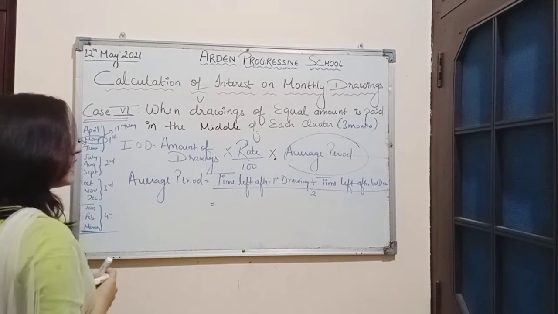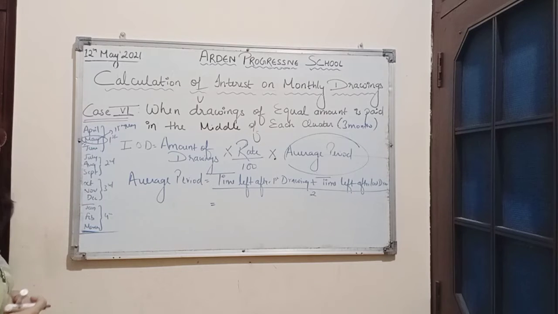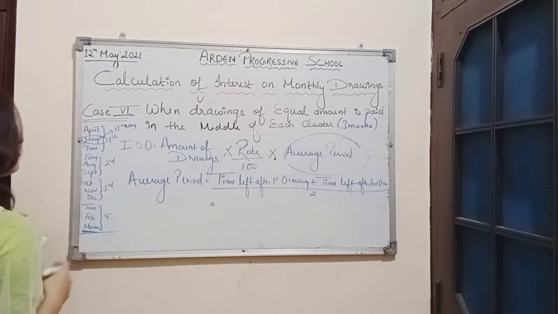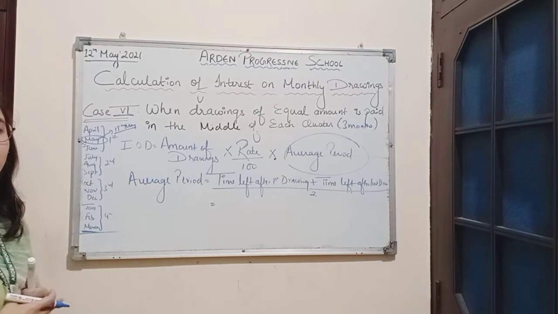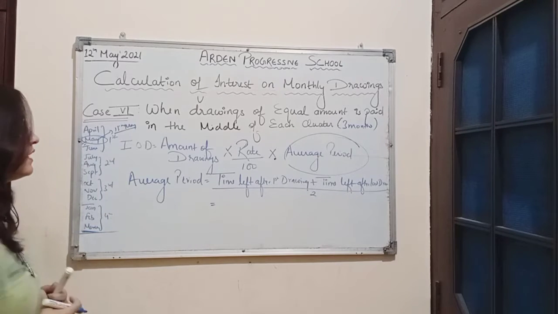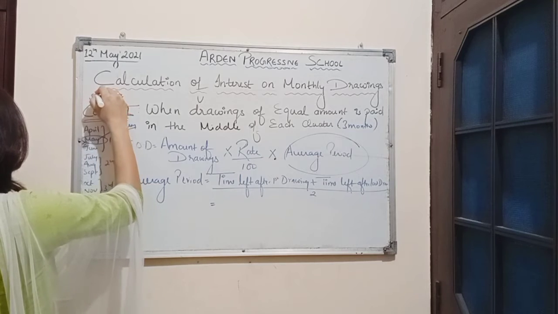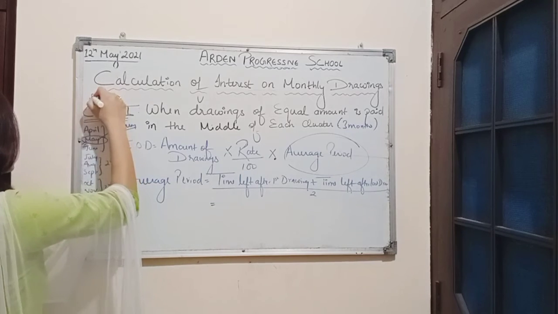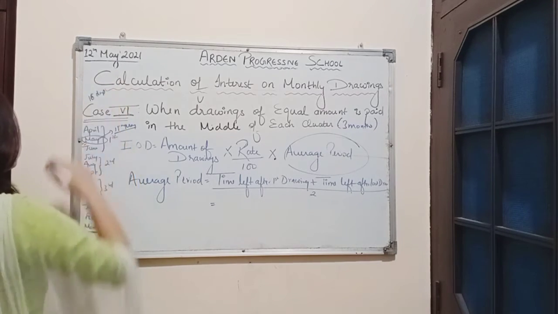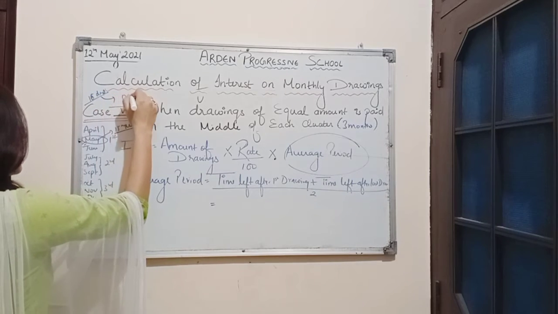So what will be the time left after the first withdrawal of drawing? After 15th May, the remaining days to the end of May will be 15 or 16 days more. Clear? So this will be calculated as half month.